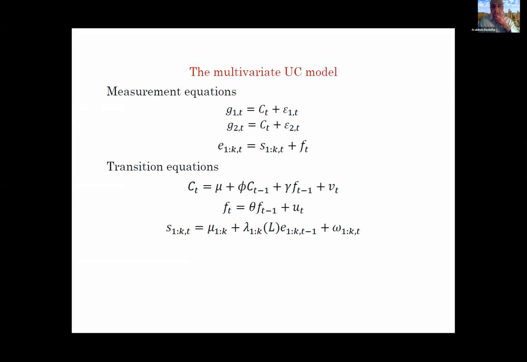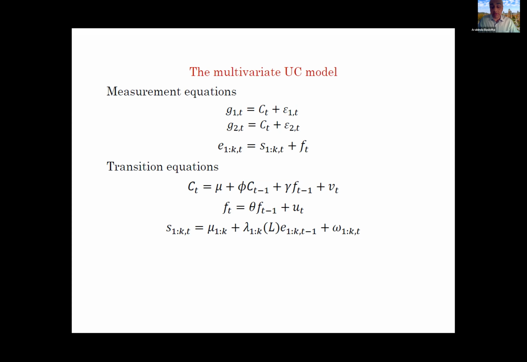So without much ado, this is my basic multivariate unobserved components model. G1 and G2 are growth rates, GDP and GDI. C_t is the true growth rate that is to be estimated. Aruoba et al. used that as an AR(1) with mean. I expand on that.